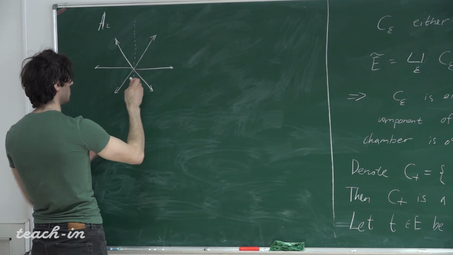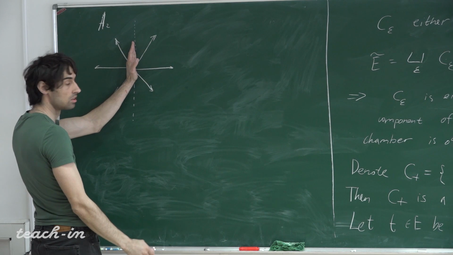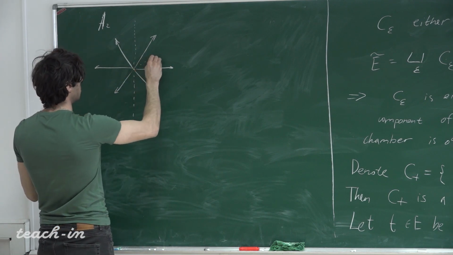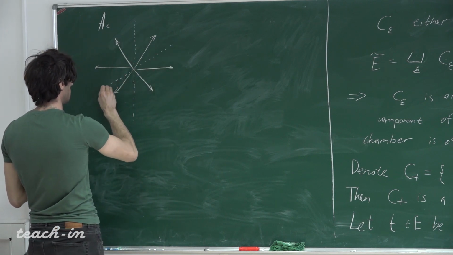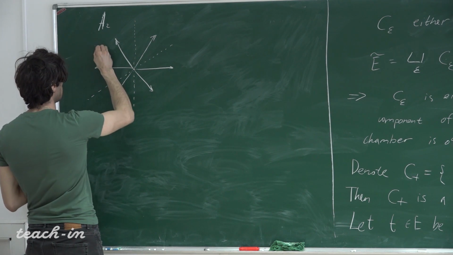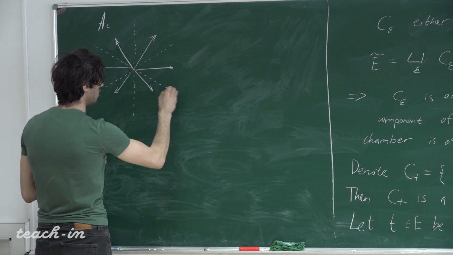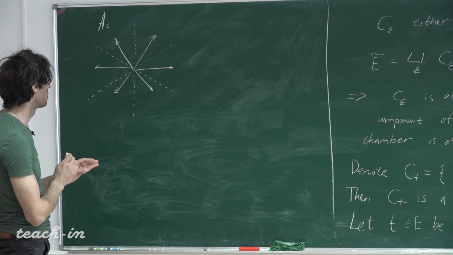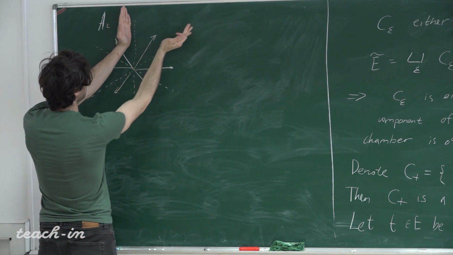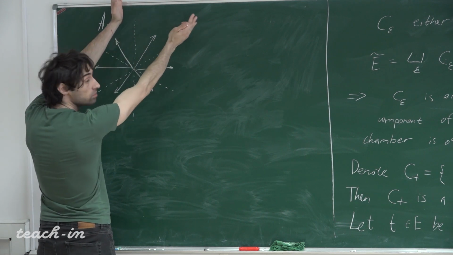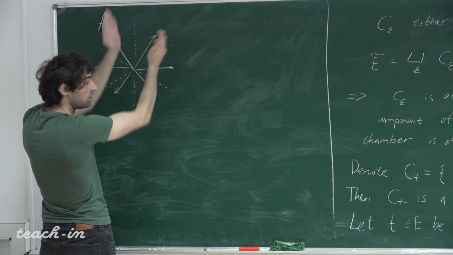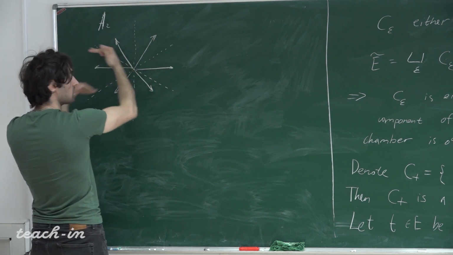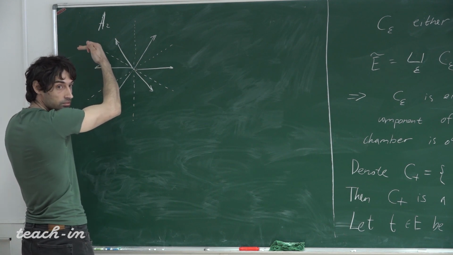This one is orthogonal to this root, and this one, and this one. So for example, this cone here is a Weyl chamber. This is another Weyl chamber. This is another one.